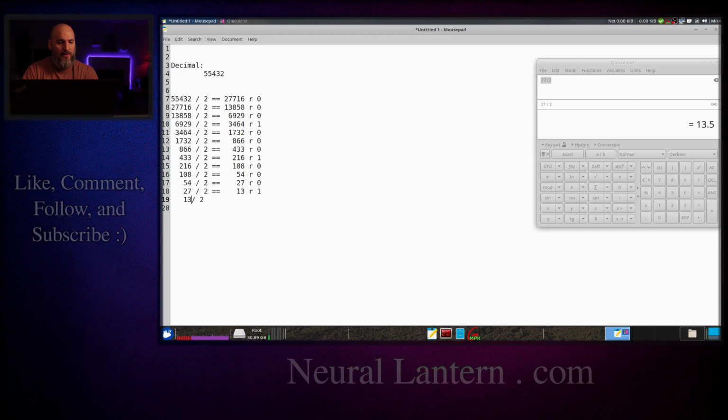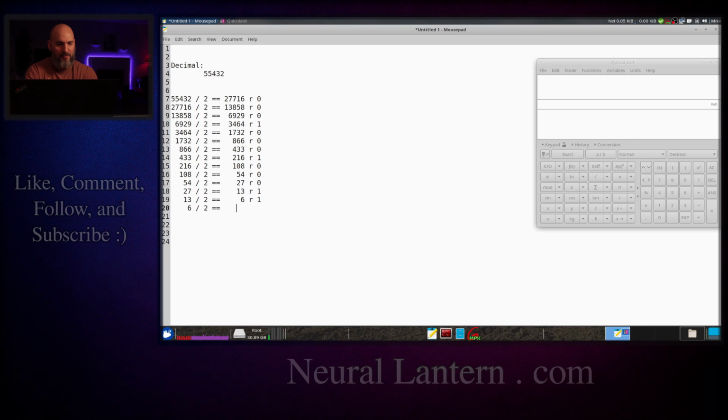13 divided by 2 is 6 remainder 1. Oh no, I'm losing it. Okay, 6 remainder 1. 13 divided by 2, let me just double check, I'm sorry. I am honestly not an internal mind math whiz. And then we do 6 divided by 2.